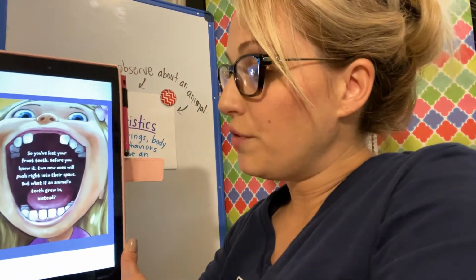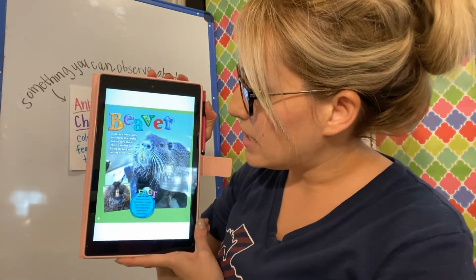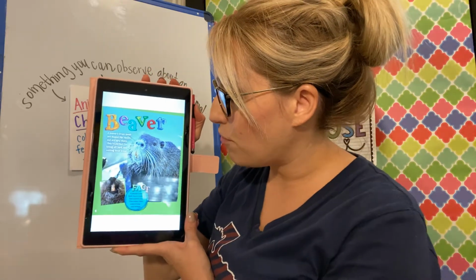So you've lost your front teeth, and before you know it, 2 new ones push right into their space. What if an animal's teeth grew in instead? Beaver. A beaver's front teeth are shaped like chisels and are very sharp. They're perfect for biting off bark and cutting down trees.